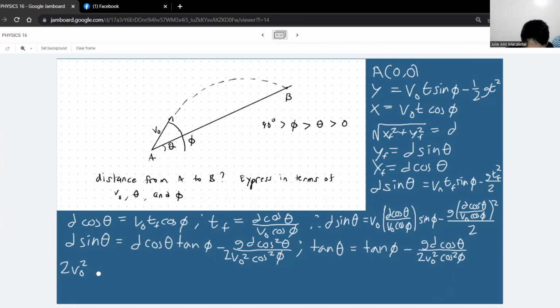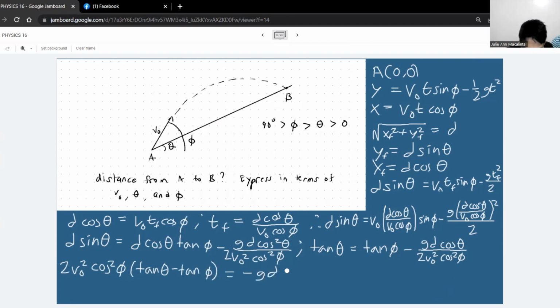So, that's what I'm doing now too. So, D sine theta is equal to... wait.